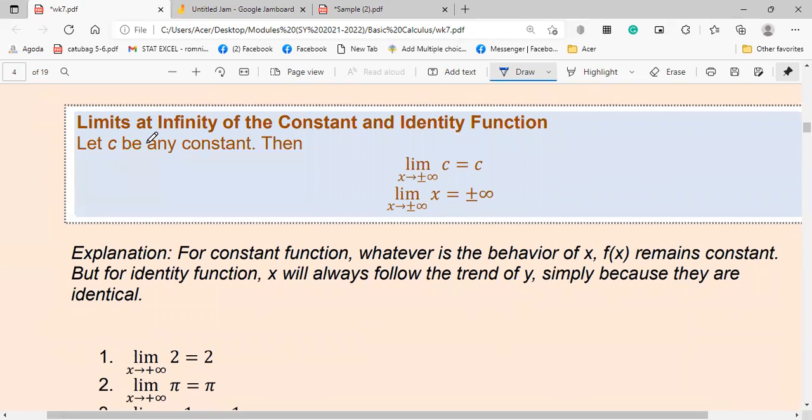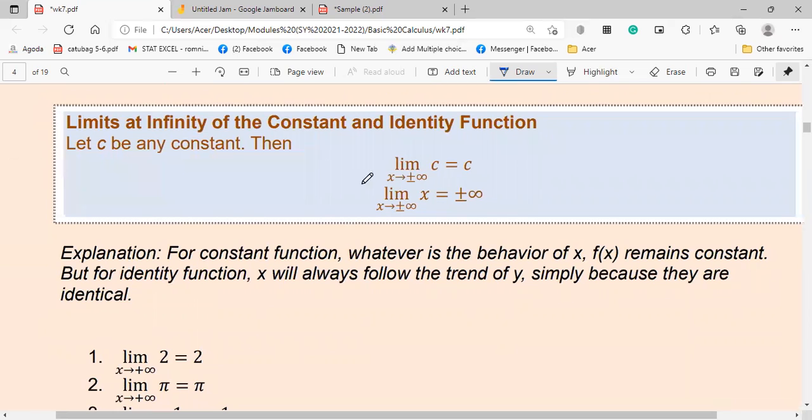Pinakamabilis at pinakamadali sa lahat ng limit laws ay yung constant at identity. Pakatandaan, constant is constant. Ano man yung gagawin ng x values ay hindi pakikialaman ng c, dahil hindi naman siya gagalaw. Constant, literal. Okay? Pero ito naman si identity, kung anong gagawin ng x, gagawin din ng y. So, when x keeps on increasing, siya rin mag-increase. Decreasing, magdi-decrease din siya.